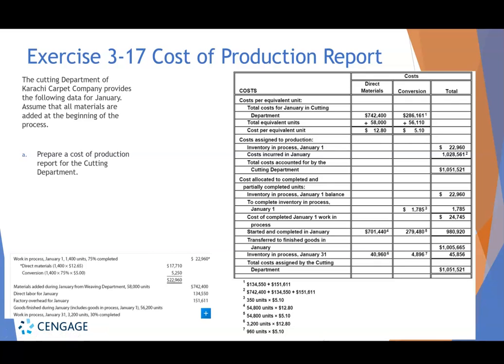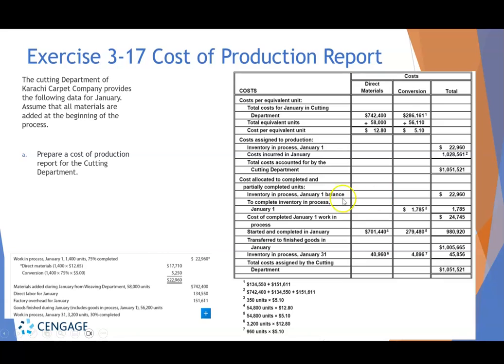So we show what we began the period with, what we added during the period, the total cost that we added to show everything available. And then again, here are our costs we began with.